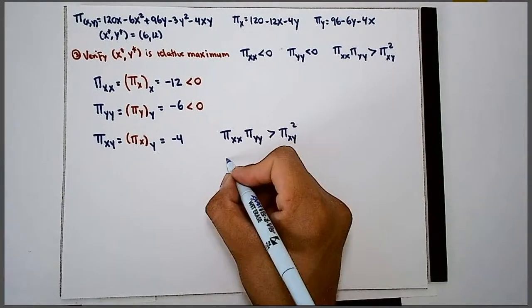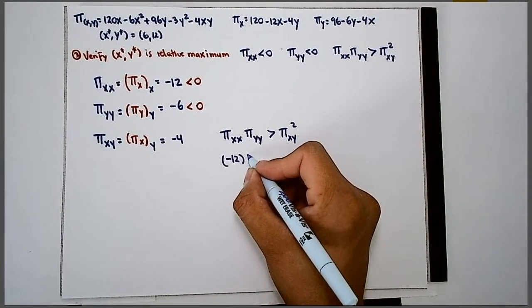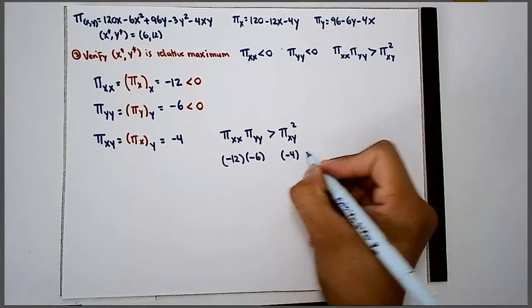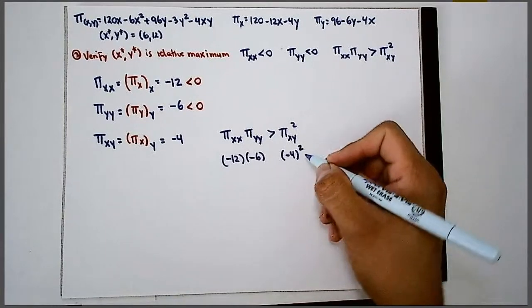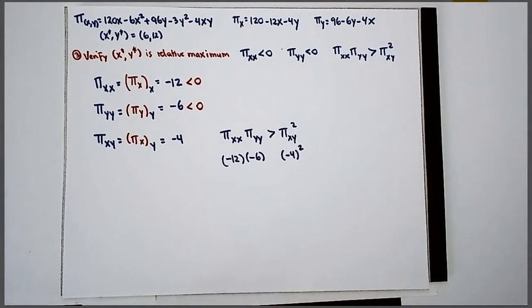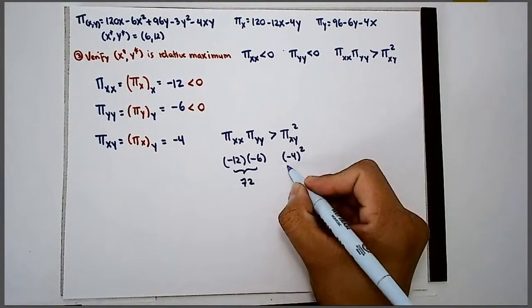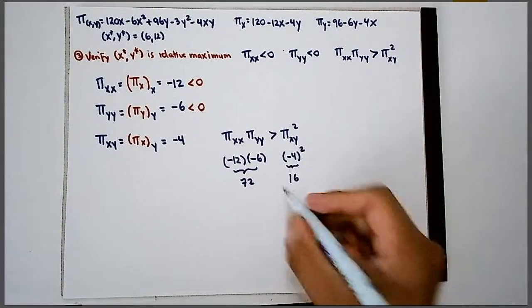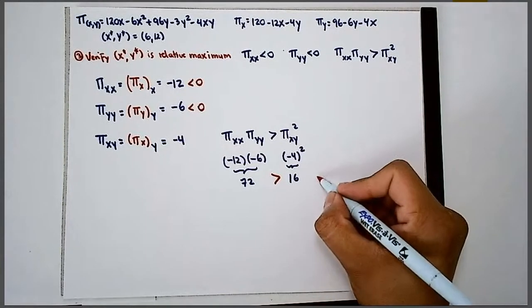Pi xx is minus 12 times pi yy is minus 6, and the cross partial derivative of the profit squared, which is minus 4 squared. So this is 72, and this is 16. And as you can see, 72 is greater than 16, so this is verified.